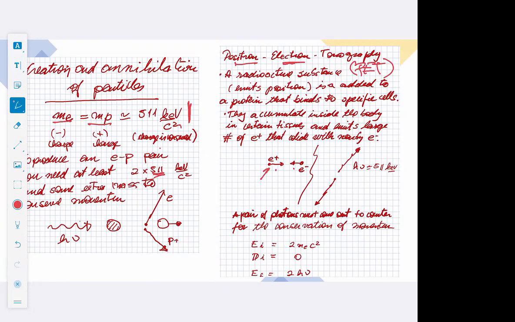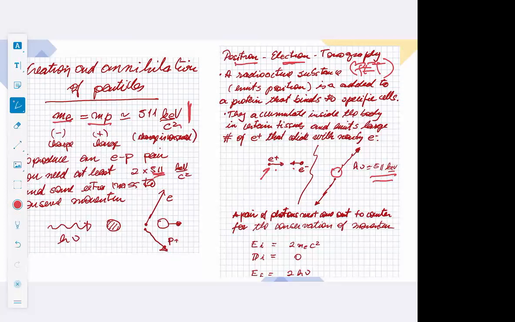And what happens? They annihilate. The electron and the positron convert all this energy into two rays of light that fly in opposite directions. From the point of the collision, the electron and the positron disappear, and two photons come out in opposite directions in order to conserve the momentum of the collision.